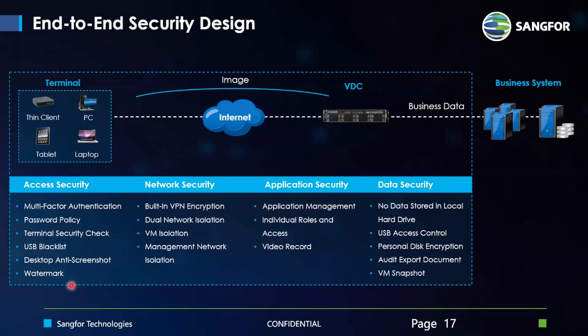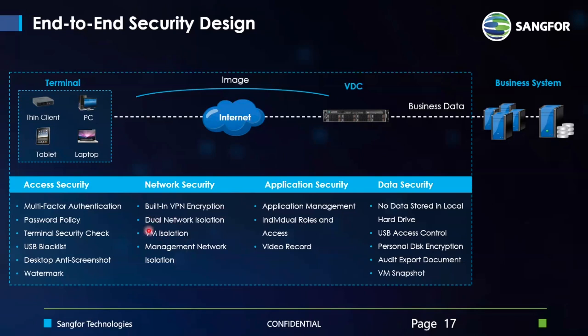And there will be a watermark if someone takes a picture from outside the VDI environment with his mobile phone. So the administrator can easily check who leaked the information by seeing the watermark on the desktop.